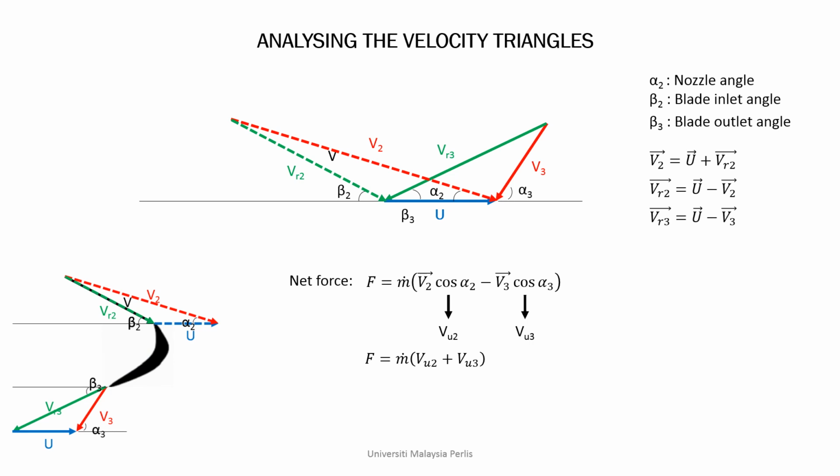Next, if we multiply the force with blade velocity, we will get the power exerted on the blade, or the power produced by the blade, which usually written in terms of kilowatts. So we have to divide it by 1000.